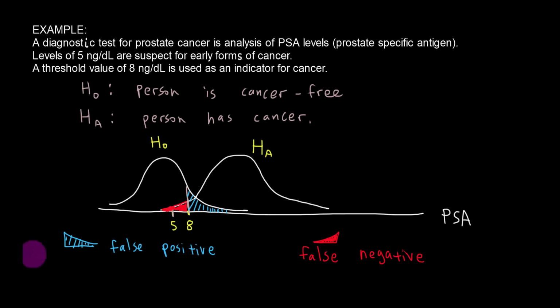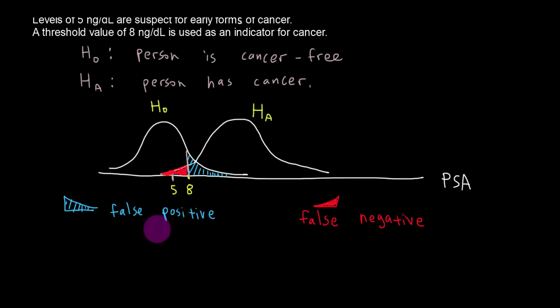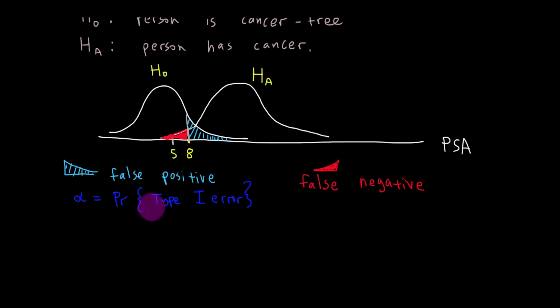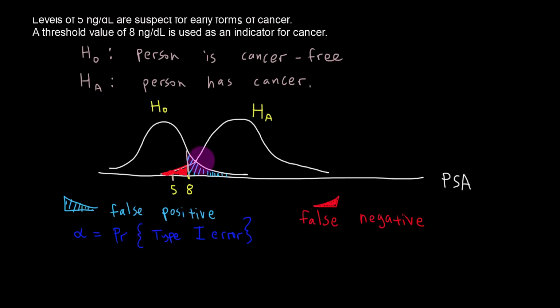So this threshold for the false positives, that has been defined as such, is represented by alpha. That is the probability of a type 1 error. These are the folks who do not have cancer, but have been identified as having it, right? False positive.